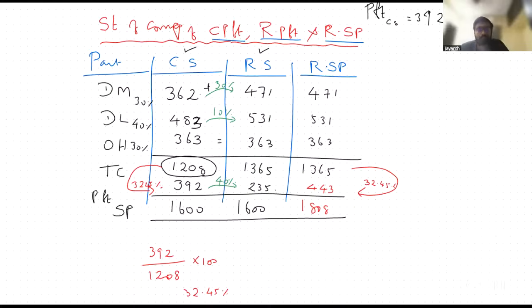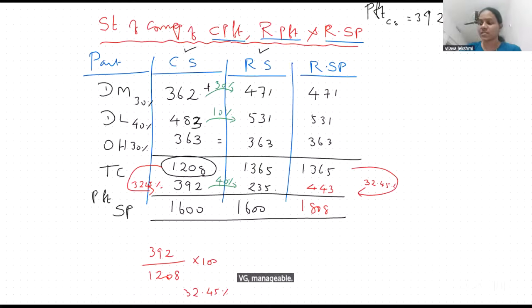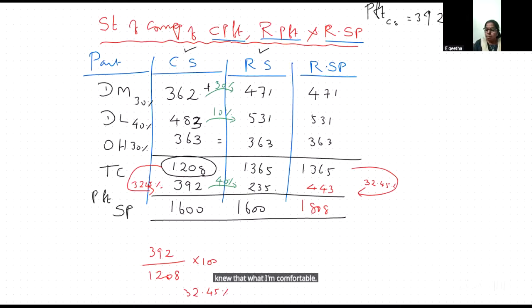Srishti, understood? Yes, sir. Vignesh understood, Kanna? Vijay, manageable? What about Sabari? Comfortable? Geeta madam, comfortable? Yes, sir. Very much comfortable.